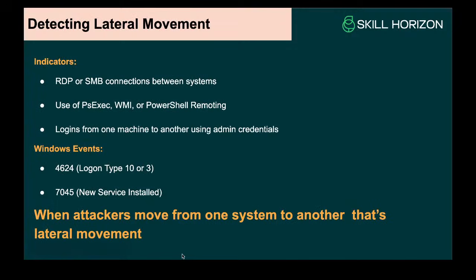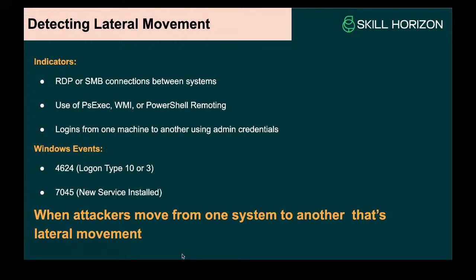Then we have lateral movement. If you are familiar with CTF machines, or if you play some CTF machines to prepare for a security certification exam like eJPT, OSCP, or eCPPT, you might know what lateral movement is.